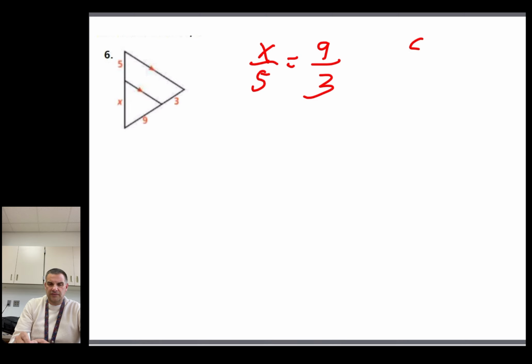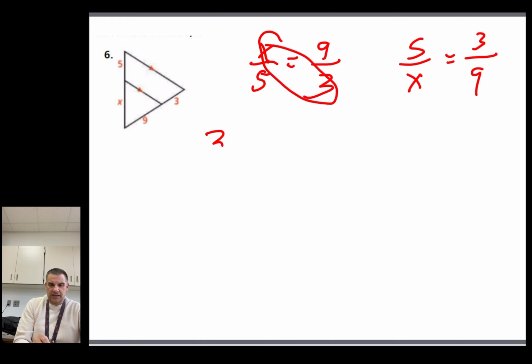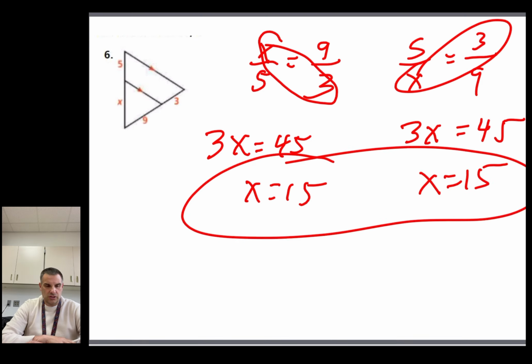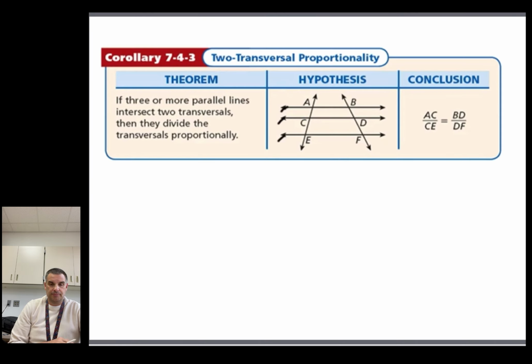If you would have gone 5 over x equals 3 over 9, notice that this is 3x equals 45, but notice this as well. It's 3x equals 45. So either way you wrote it, it's okay. You're still going to get 15 as your solution for x. And you're done. Okay, that's the triangle proportionality theorem.